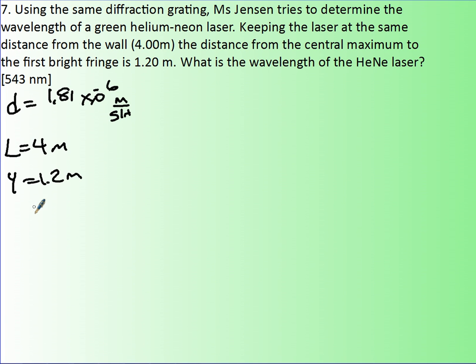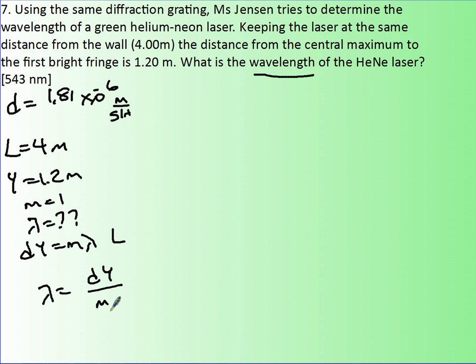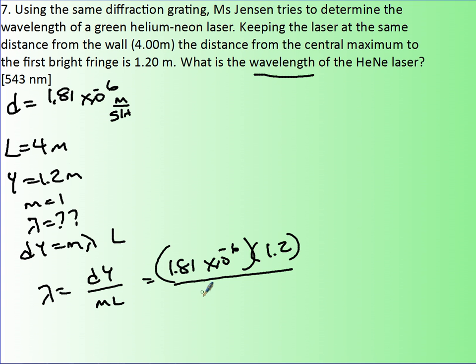What's the wavelength? In this case, M is 1. So d y is m lambda L, and I'm looking for lambda. So lambda is d y divided by m L. D is 1.81 times 10 to the negative 6, Y is 1.2, M is 1, L is 4.